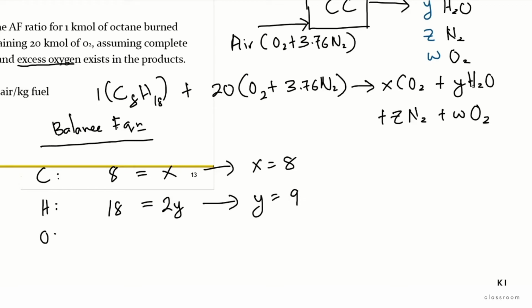So next we do the O, oxygen. For O, 20 multiplied with 2 equals to, this one is at the left hand side, right?